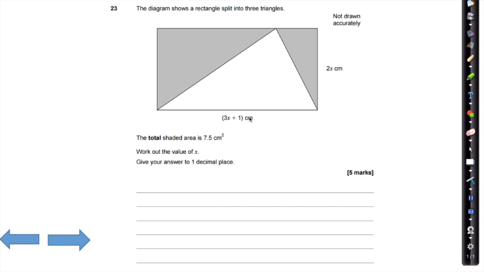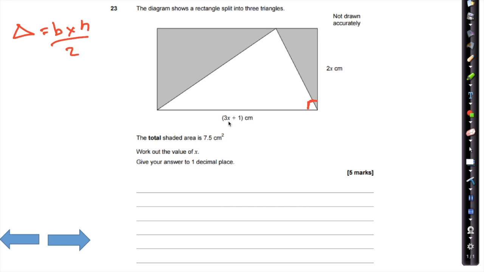So what we're going to have to do here is remember the area of a triangle, when we've got the perpendicular height, our perpendicular height being 2x here, to the base being 3x plus 1. The triangle is base times height divided by 2.